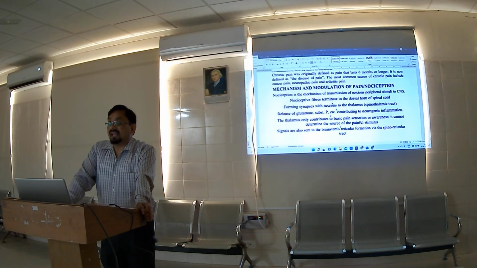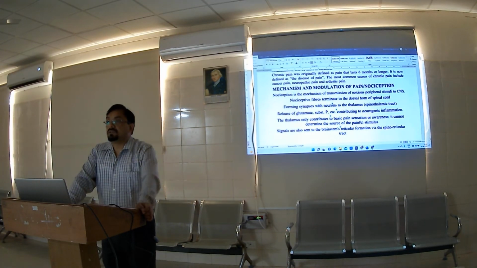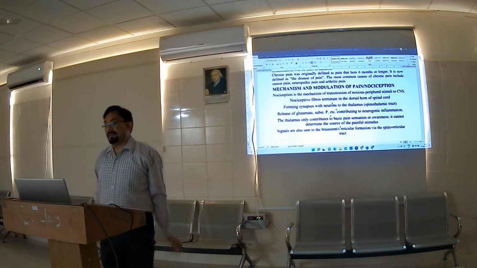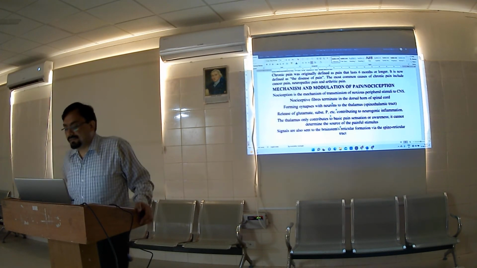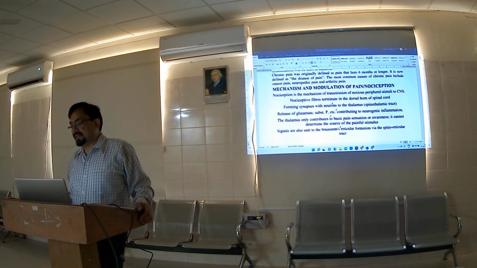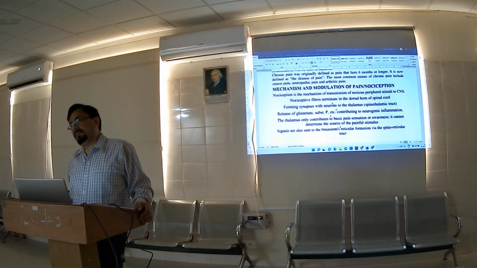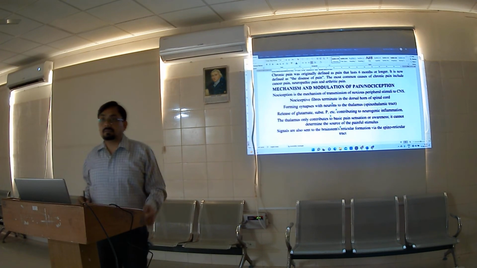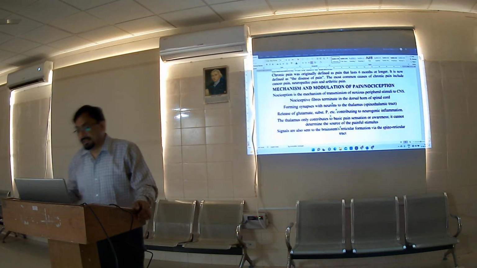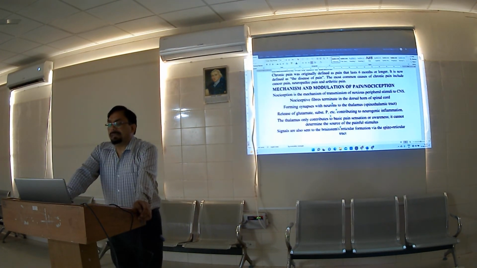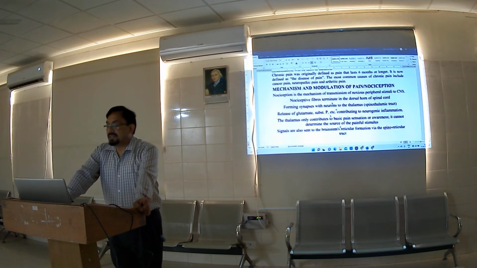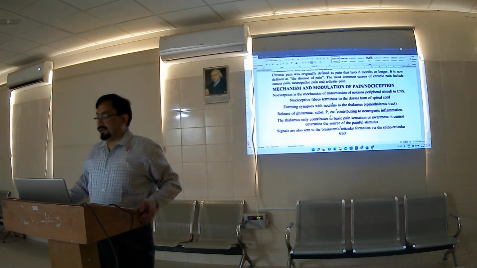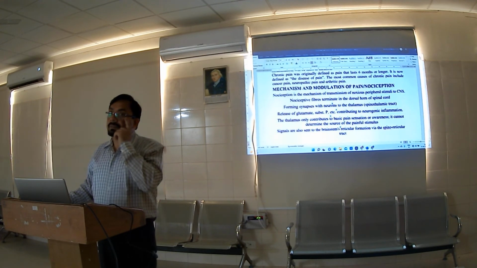There they form the synapse with neurons, because where one neuron ends the next begins, so synapse with the neurons to the thalamus, that is known as the spinothalamic tract. From here it now goes to the thalamus and brain. Release of glutamate, already told to you, substance P, etc., contributing to the neurogenic inflammation.